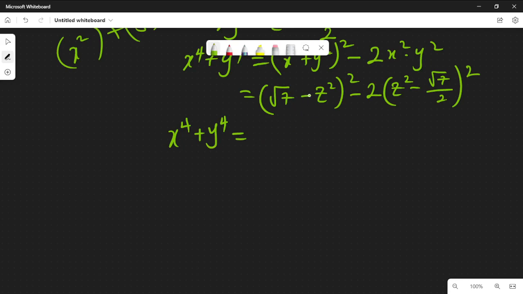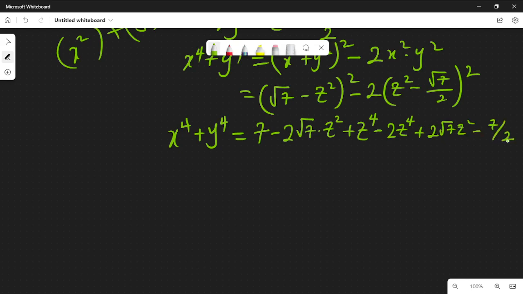If I'm able to expand this, I'm going to have 7 minus 2 root 7 times z squared plus z to the power of 4. Then minus, this will become 2z raised to power 4 plus 2 root 7 z squared, right, minus 7 over 2. And I think this should be correct now, so that this and this would cancel, and this would take care of these two. So we are going to have this left.